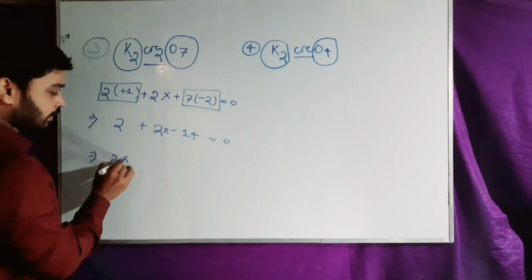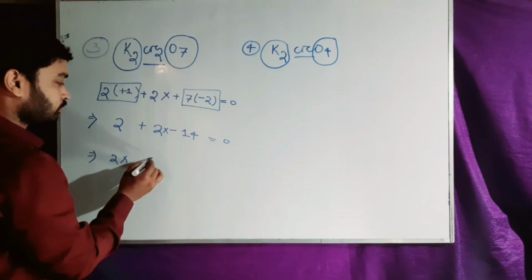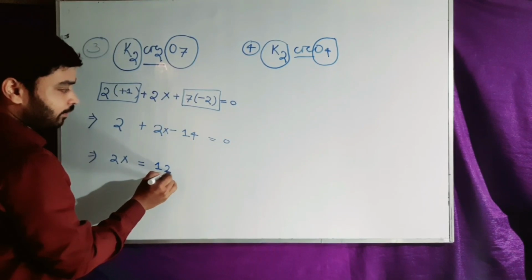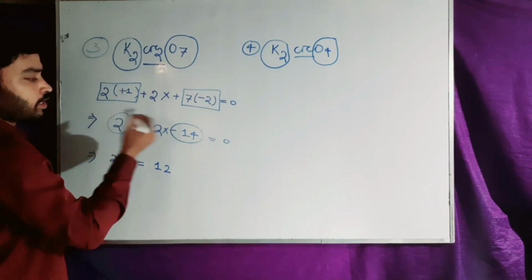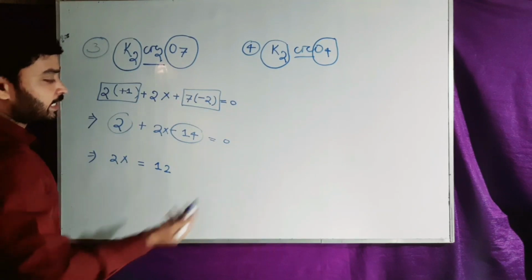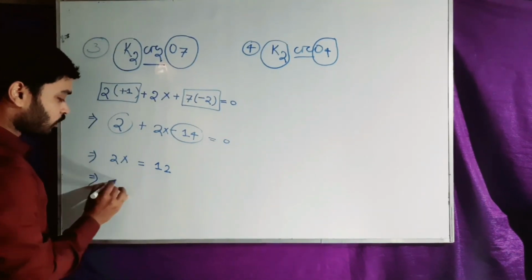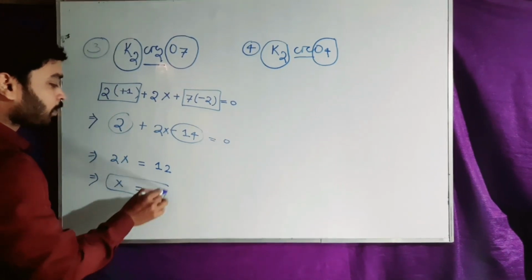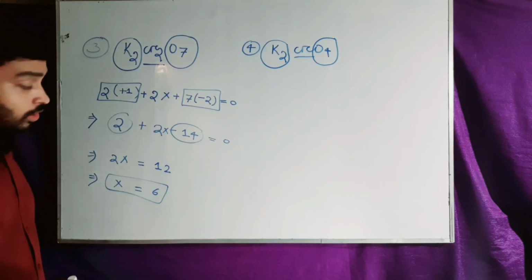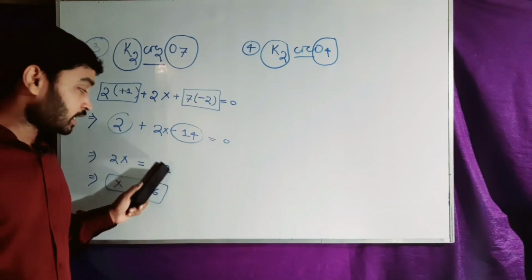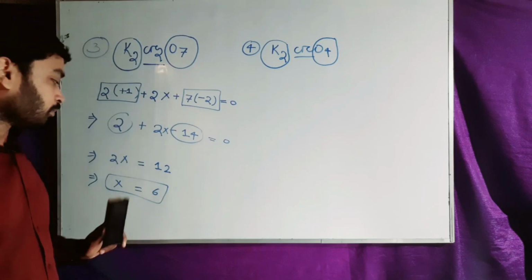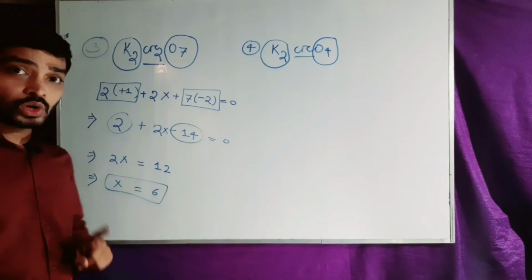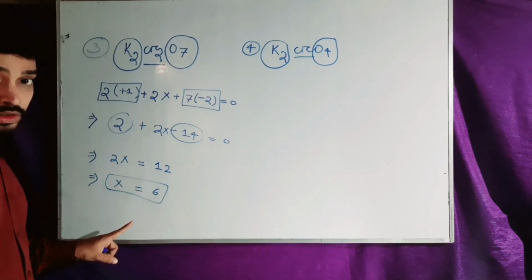So 2x will be 12, because -14 plus 2x equals 0, and when -14 goes to the RHS it becomes 12, and the x value will be 6 for each individual chromium atom. That means for 2 chromium atoms the total oxidation value is 12, and for each chromium atom the oxidation number is 6. From this we can conclude that we always calculate the oxidation number for an individual atom.